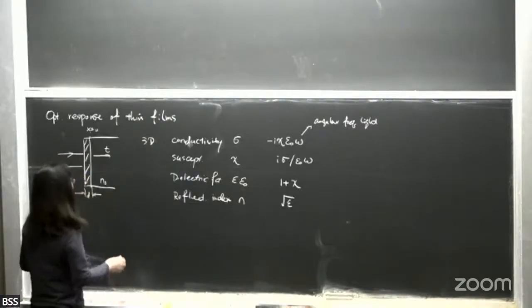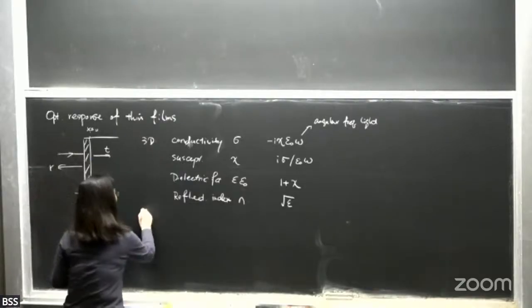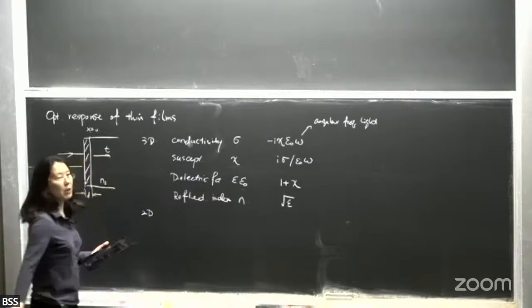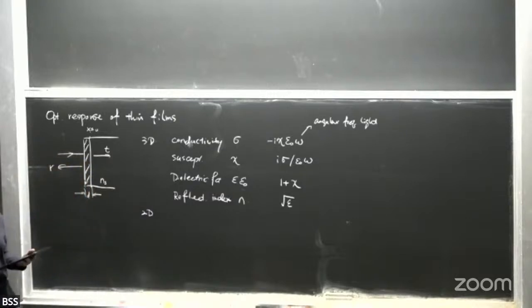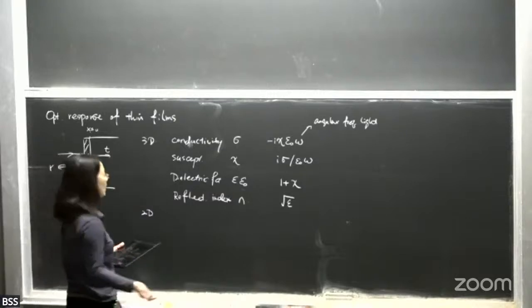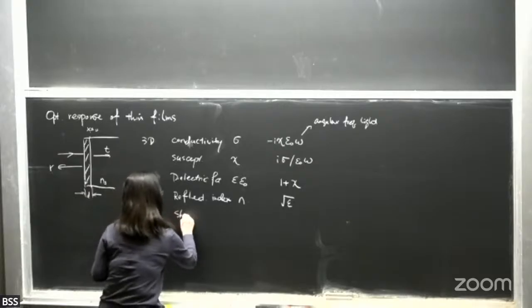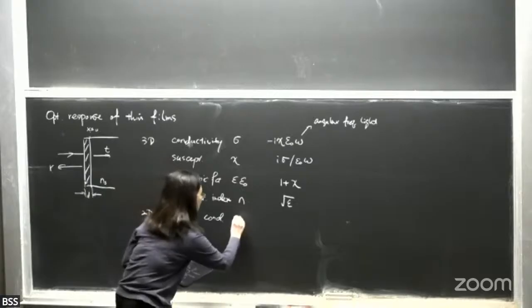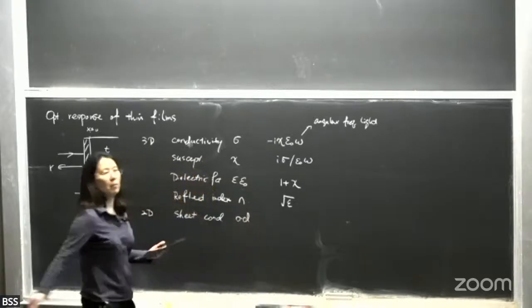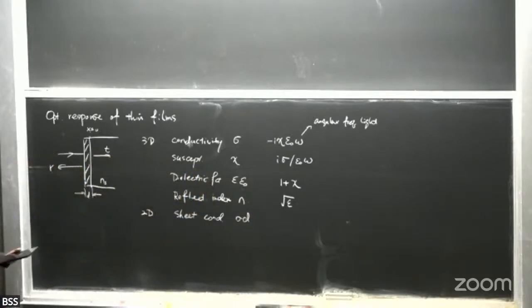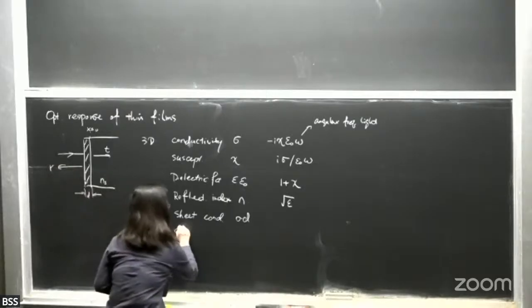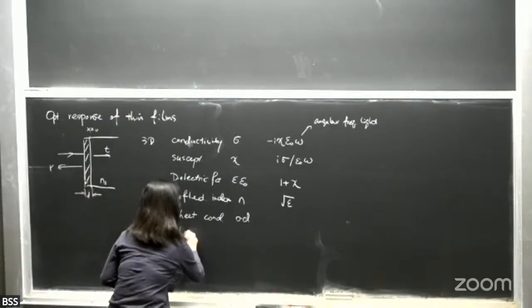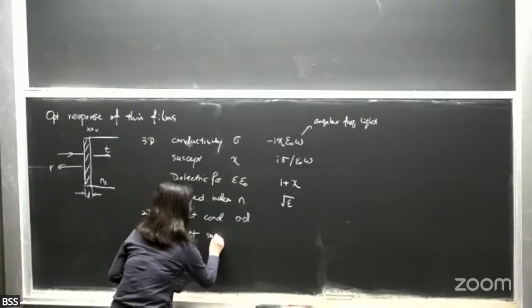And then for 2D, often we use sheet conductivity or sheet susceptibility. This is sigma multiplied by the thickness of the sample, or sheet susceptibility.